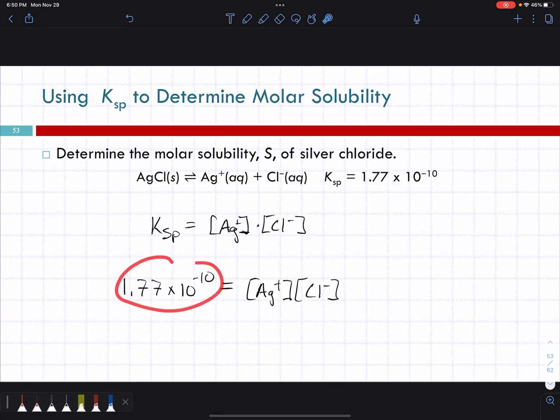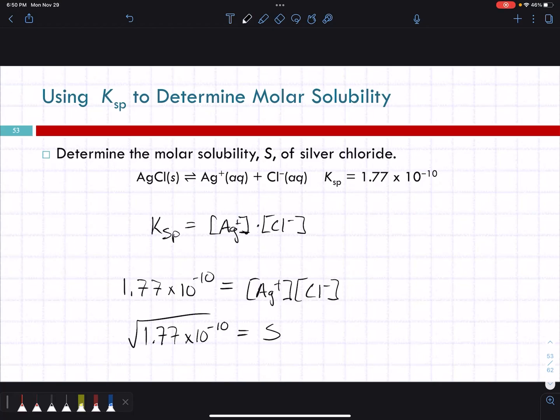So I believe, and again, check this in a second, it's the square root of 1.77 times 10 to the negative 10 that is going to equal S. So 1.77 e to the negative 10 squared.